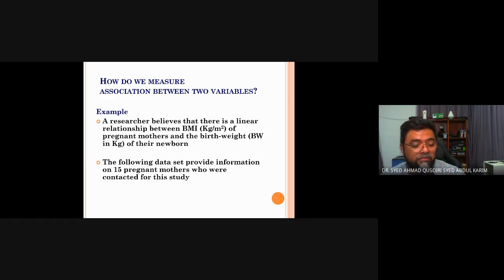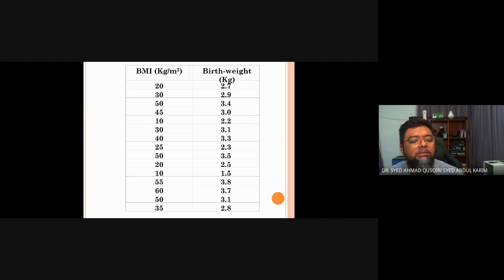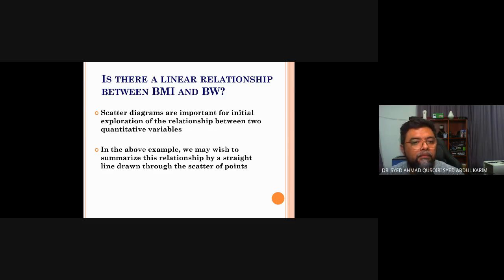Their observation is on 15 pregnant mothers. We have BMI from 10 up to 60, and the birth weight recorded for those 15 newborns. What we want to know is, is there a linear relationship between BMI and BW, the birth weight?